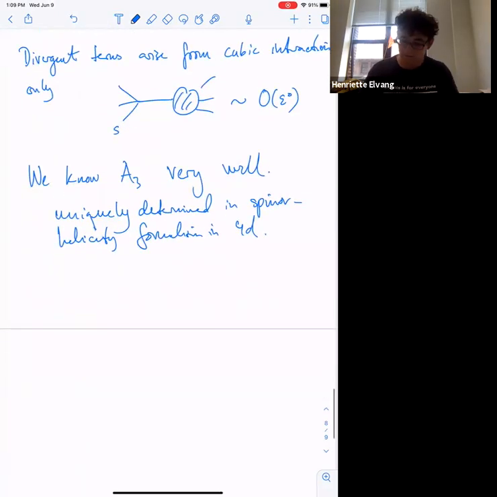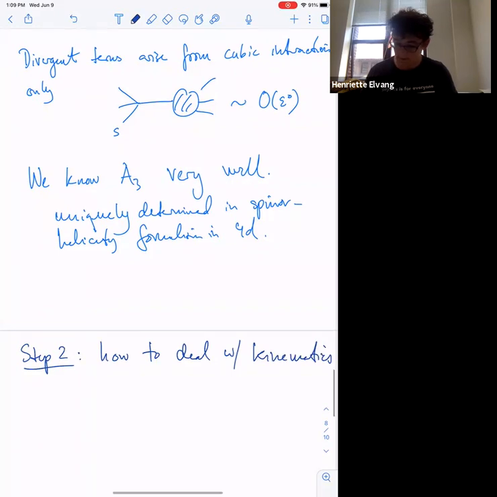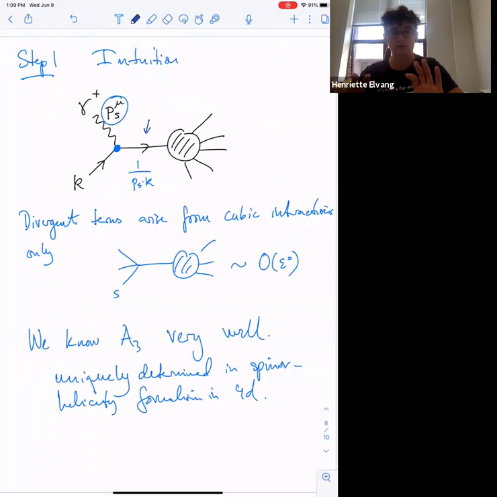But then we have to figure out how to take the soft limit. So basically what I want to try to do is figure out a way of taking the internal line here on shell while not having my photon completely soft, so epsilon still a little bit away from 0, such that I can use my factorization on the pole and then take the soft limit and extract information. This allows me to utilize the fact that we know the 3-particle amplitudes very well.